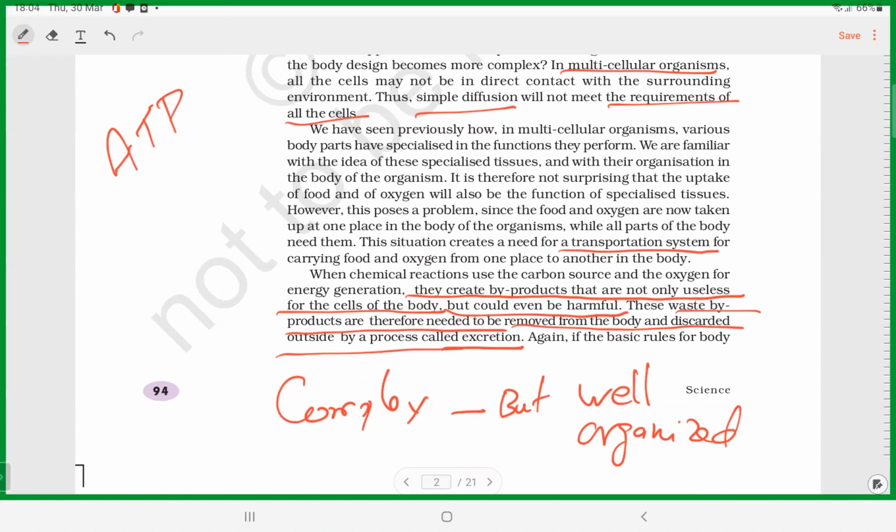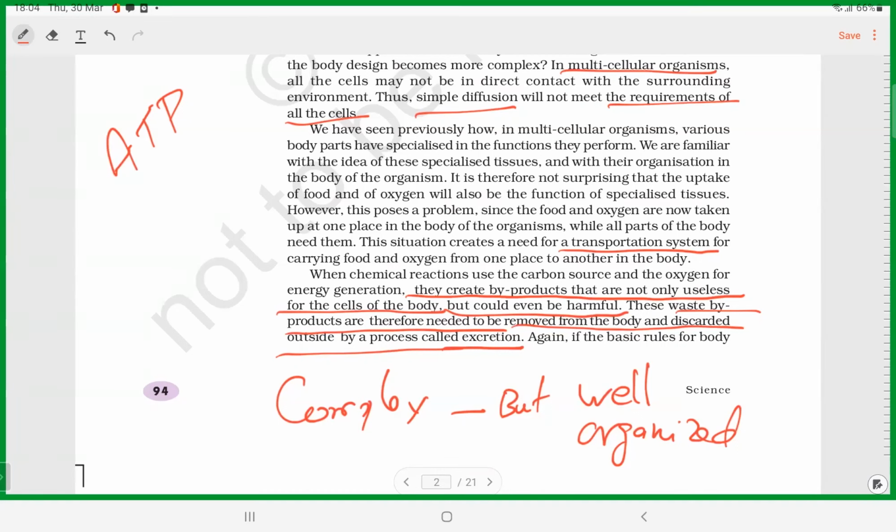What are the life processes? Digestion, respiration, transportation, excretion, at least here. But well organized. Is it clear? Shall we go to the next? So, the idea of all such a long lecture is, we must know about the life processes, and not just knowing the life processes, every process is connected with each other.